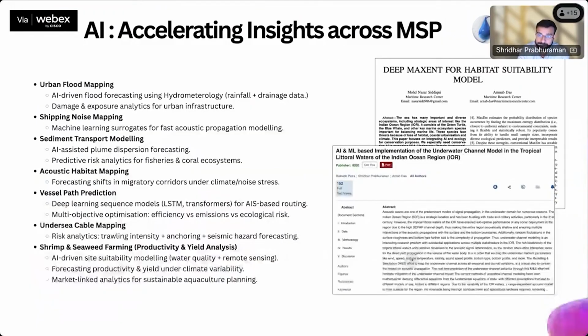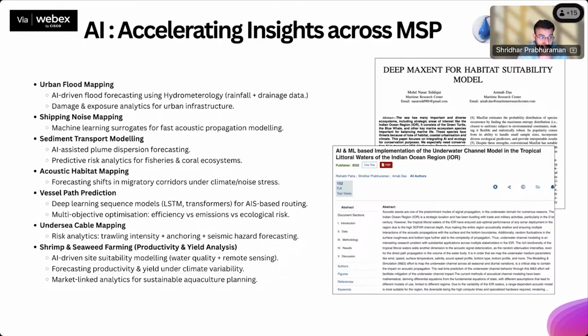Right now, while we have all of this, the idea is also to use AI to make the forecasting aspect better. So AI-driven flood forecasting using hydrometry. Again, I spoke about how we've used a neural network for estimation of transmission loss, creating a model for that.